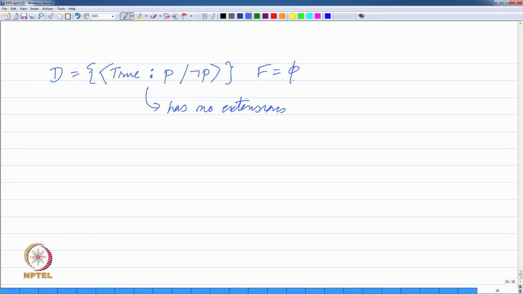That you cannot create an extension in which anything you can believe in essentially. Because if you try to create an extension in which you add not p, then you can only do that if it is consistent to believe in p, and it is consistent to believe in p only if not p is not in the extension essentially.